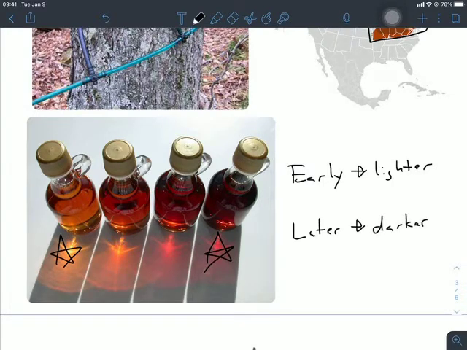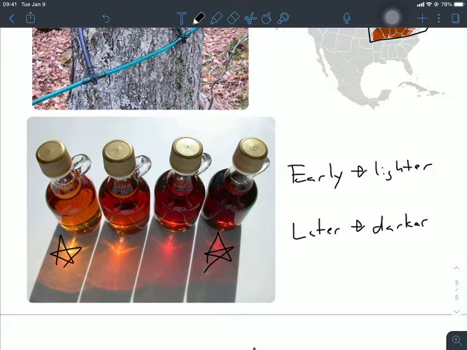This is because of the amount of water and metabolites being trafficked. Once you get later in the season, you get a little bit less water and a lot more other metabolites being produced by the plant, and therefore the concentration here of other stuff to sugar increases, causing the maple syrup to be a bit darker in color.